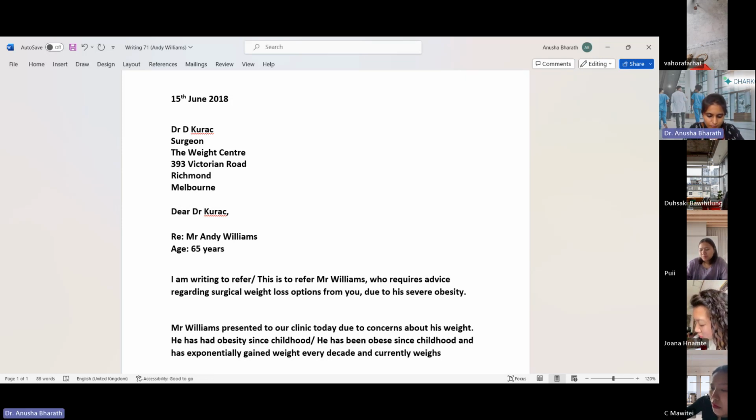What's his weight? 155.5 kg. Next, what will you tell me?